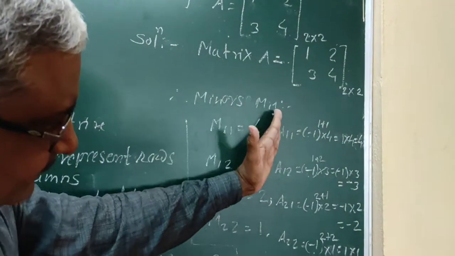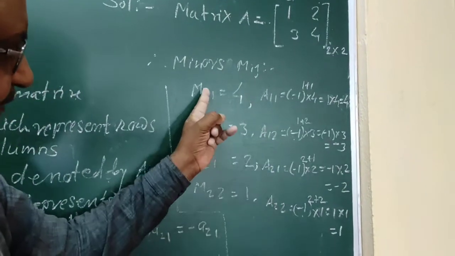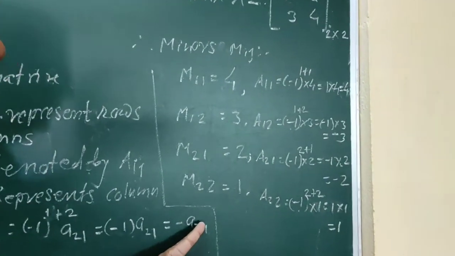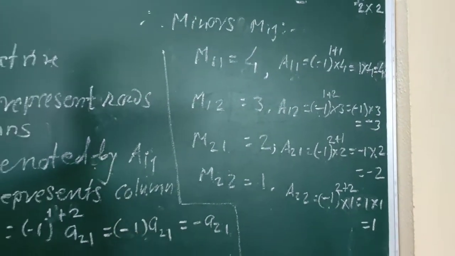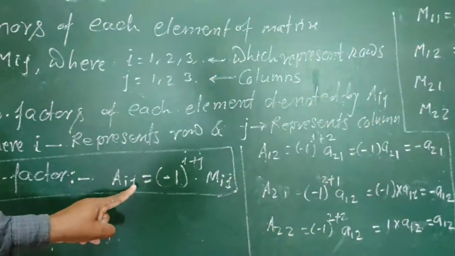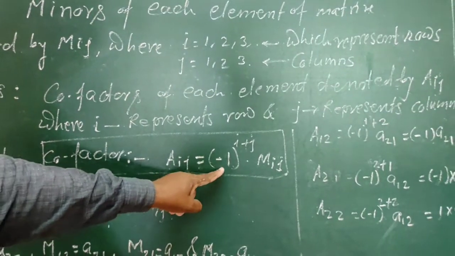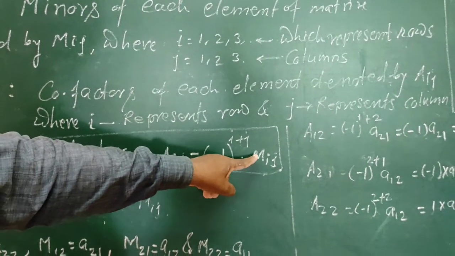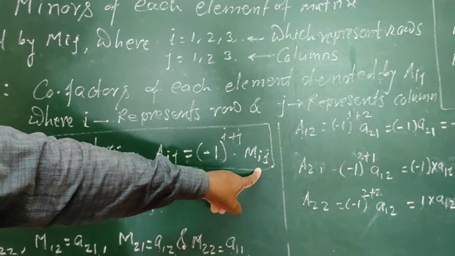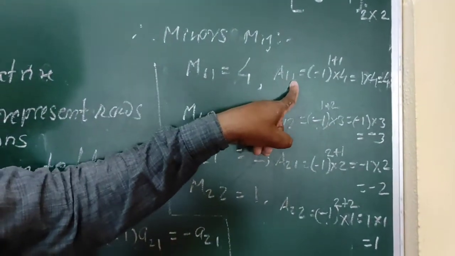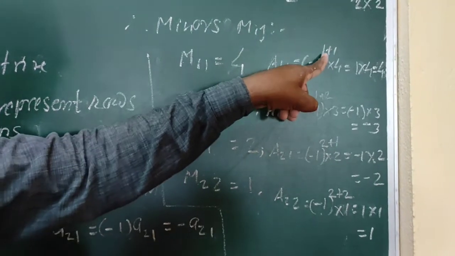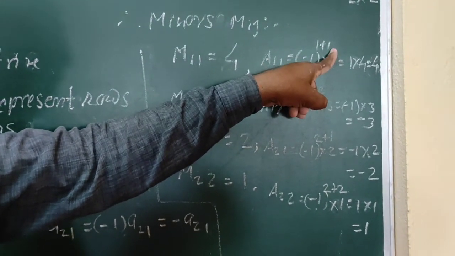Now we find the corresponding cofactors of these minors. According to the formula given here, Aij is equal to minus 1 raised to the power i plus j into the minor of that element. We apply that here. For the first row, first column, i is equal to 1, j is equal to 1.